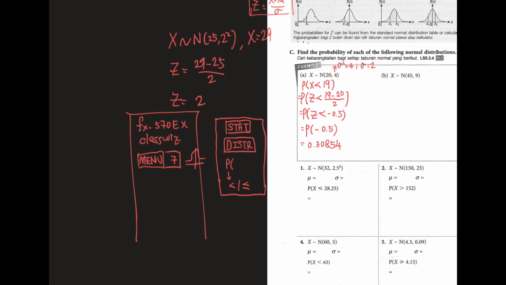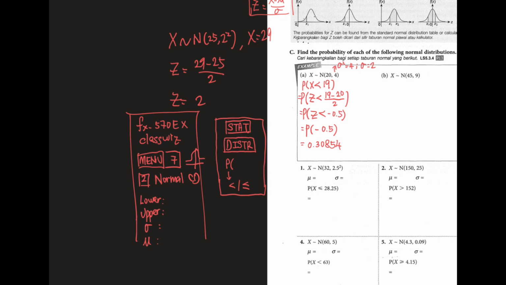You press number 2, which is Normal CD. Normal CD means normal cumulative distribution, and then you will see Lower, Upper, sigma and mu. Of course mu is temporarily hidden, so you will see it afterward.